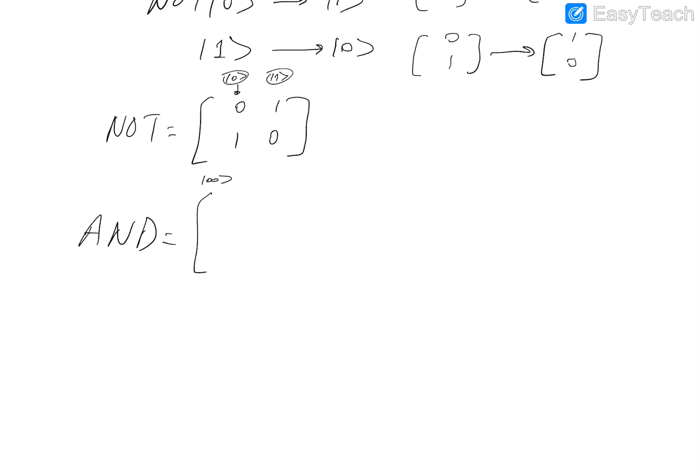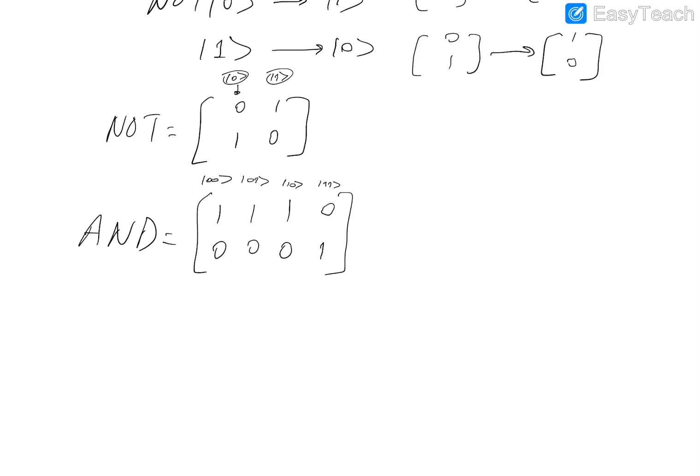So AND of 0, 0 is 0, and cat 0 is basically (1, 0). On input 0, 1, it outputs again (1, 0). The third column is (1, 0). And on input 1, 1, it outputs cat 1. So these are the inputs, and the output is the corresponding column.